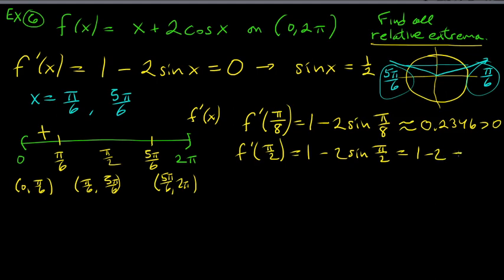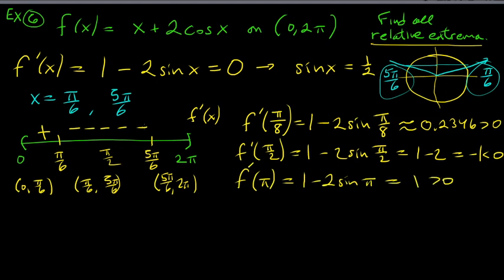So this is 1 minus 2, which is negative 1. So that's going to be negative here, and everywhere in between. And then what's bigger than 5 pi over 6? Pi is good. So 1 minus 2 times the sine of pi. Now sine of pi is 0, so 1 minus 0 is 1. And now we're back to positive again.